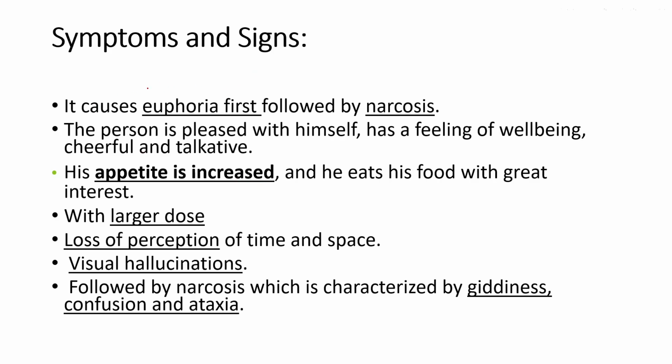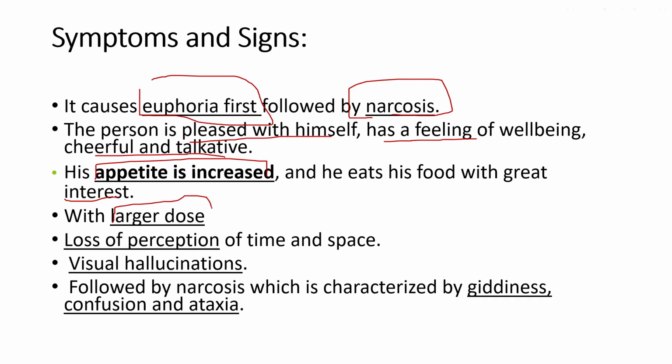Let's talk about the signs and symptoms. It has a very high euphoric effect at first, and then later on it leads to very deep sleep. The person becomes very pleased with himself, with a feeling of well-being, cheerful and talkative. The appetite is highly increased and he eats food with great interest. With large doses, when the dose becomes very high, loss of perception occurs.